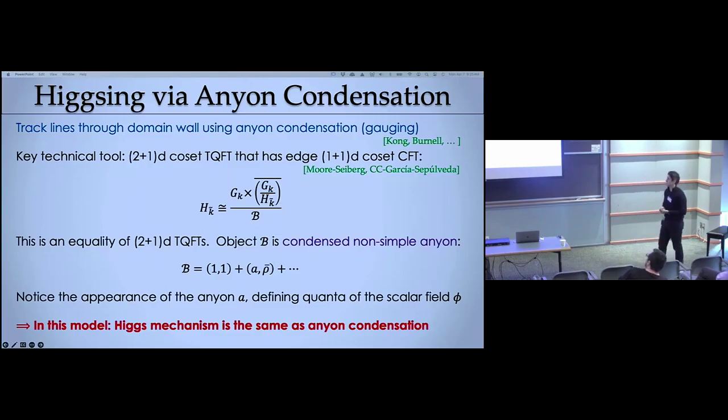We'll study examples like this. And in particular, this object B that is condensing will contain a term like this, A rho bar. Remember, A is the infrared avatar of the phi quanta. So what we're having here is that in this model, the Higgs mechanism is the same as anion condensation. And that's what's giving us our technical power.